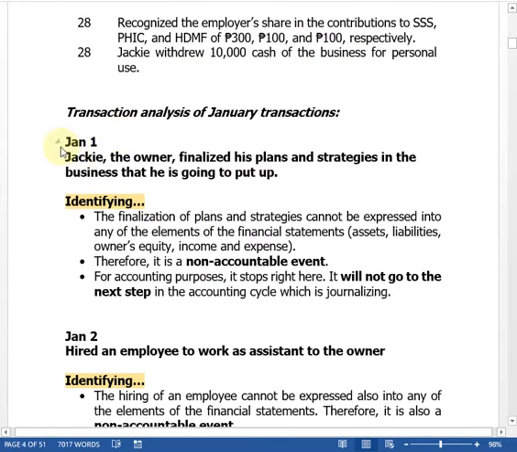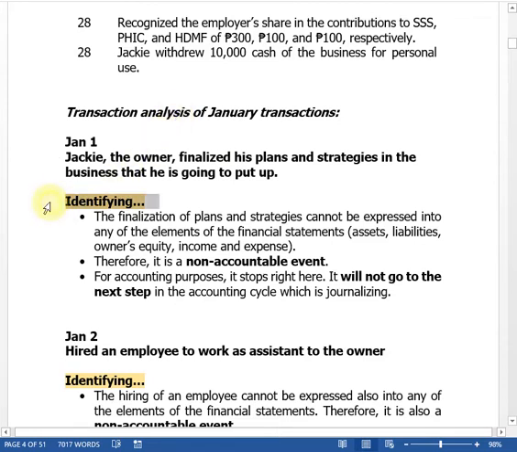We have the January 1 transaction. January 1, Jackie, the owner, finalized his plans and strategies in the business that he is going to put up. Remember that the first step in the accounting cycle is not journalizing, but identifying.